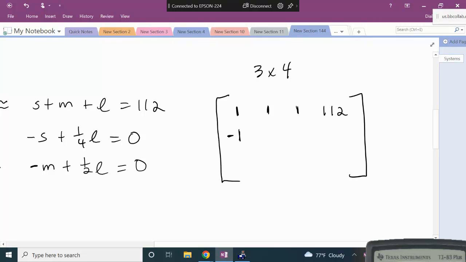Since I don't have an M, I'm going to put in a filler term of 0. Then the coefficient of L is 1/4, and that is set equal to 0. For our last equation, we don't have S, so we're going to put in a filler term of 0. The coefficient for M is negative 1, and we have 1/2 for L, set equal to 0.